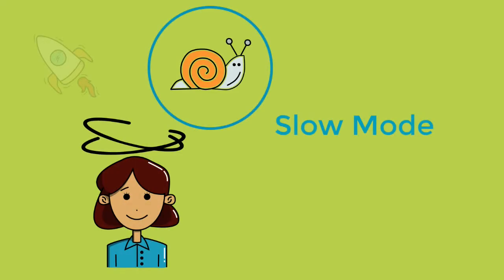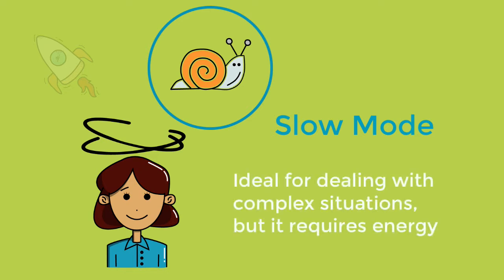We refer to this as the slow mode. The problem with the slow mode is that it requires effort and energy, and our brain's default is to use the fast mode, which uses less energy. Our bodies have been designed to be ready for flight should we need to get out of danger quickly. In today's situation, we need to be able to regulate this contradiction.